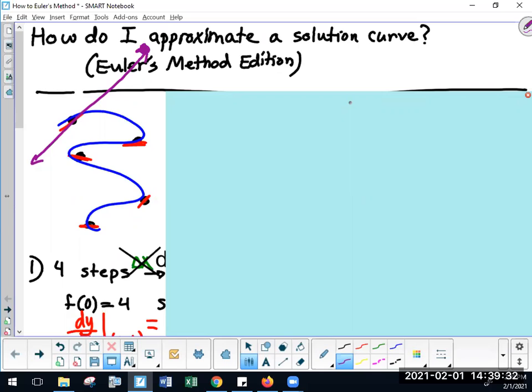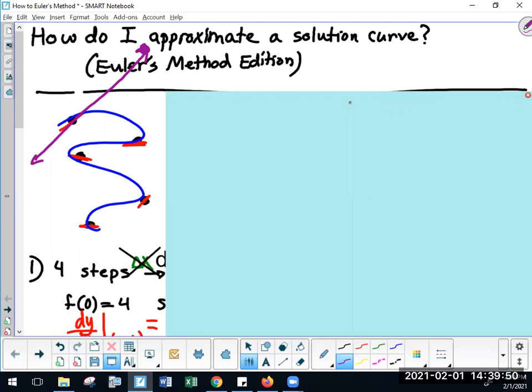So Euler's method takes this idea of, okay, the derivative is a really good approximation for the curve for very small intervals, very small chunks. What if we take this idea of calculating a new tangent line?